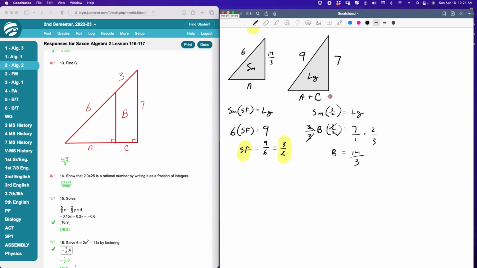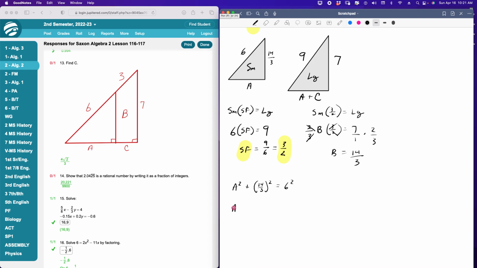So now that I have figured out that this is 14 over 3 and this is 6, I can actually use Pythagoras' theorem to find the value of a. So that's what I'm going to do. I'm going to say a squared plus 14 over 3 squared is equal to 6 squared.